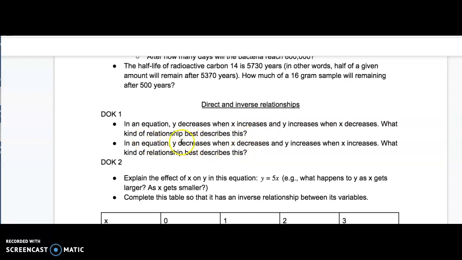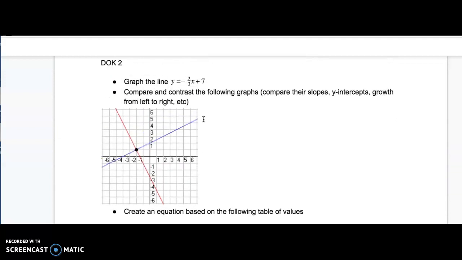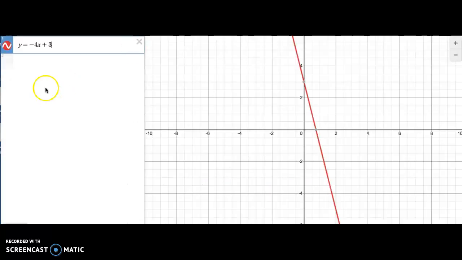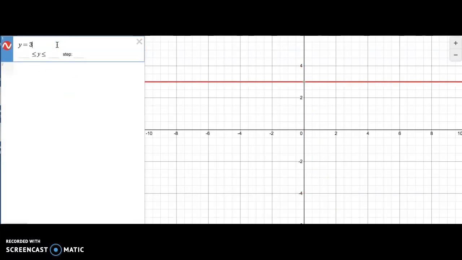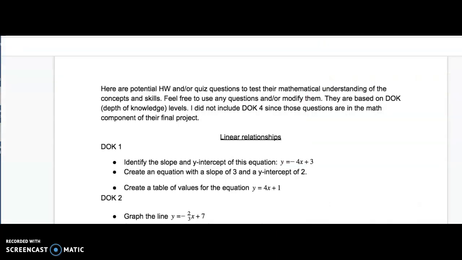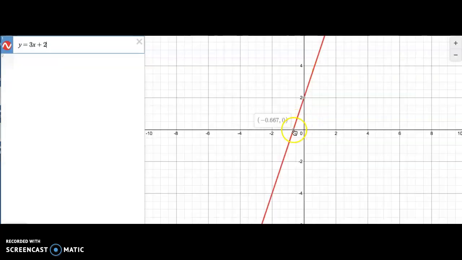All right, in the equation, y decreases and x decreases, y increases and x decreases. What type of relationship is the second one for that one? So this is the slope of 3 and the y-intercept. So if we put that in Desmos, we have a slope of 3 and the y-intercept is 2, I believe. Yep. All right, so we see that as the x gets bigger, the y also gets bigger.